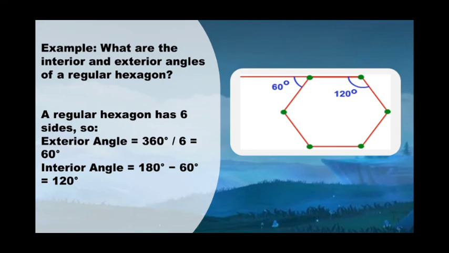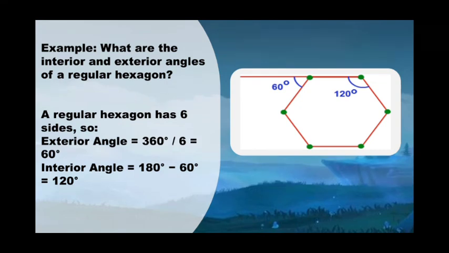So the interior angle now, ang susunod nating isosolve, interior angle is equal to 180 degrees minus 60 degrees is equal to 120 degrees. So if we're going to add the exterior and interior angles, may total tayo na 180 degrees.